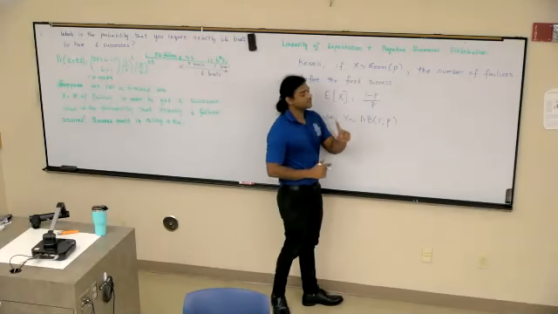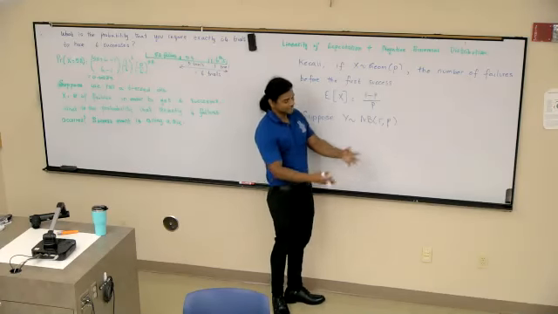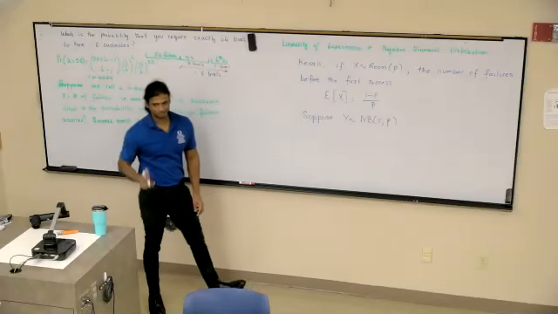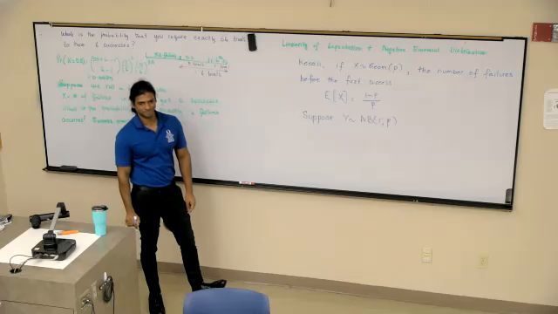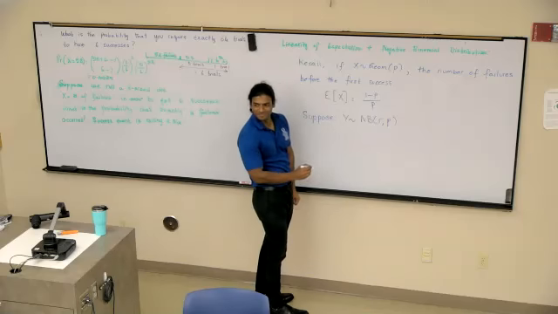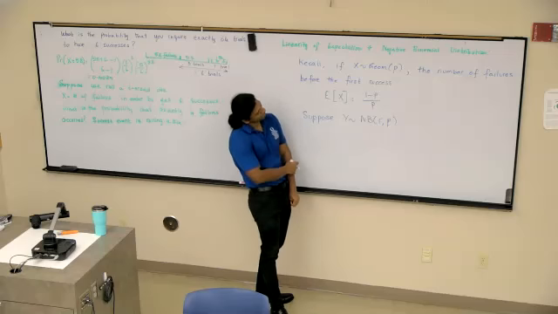If r is 1, we're just talking about a geometric distribution. So if r is not 1, what is the logic behind it? Subtract all the way until you get to 1. Yeah, you get the geometric.